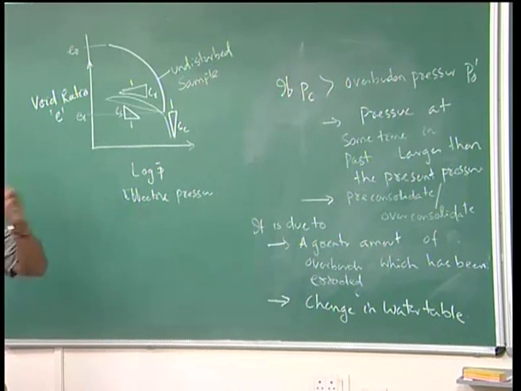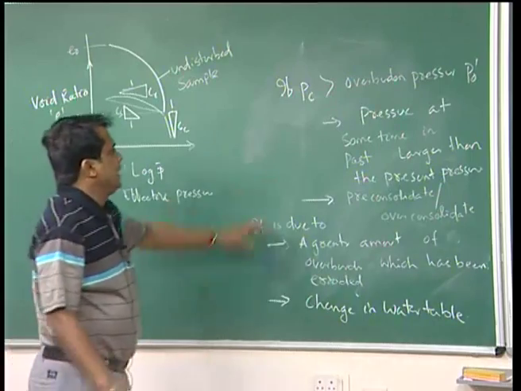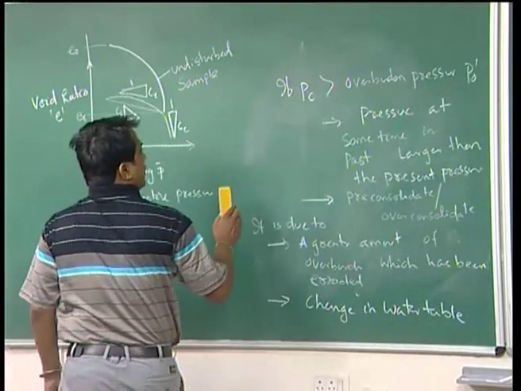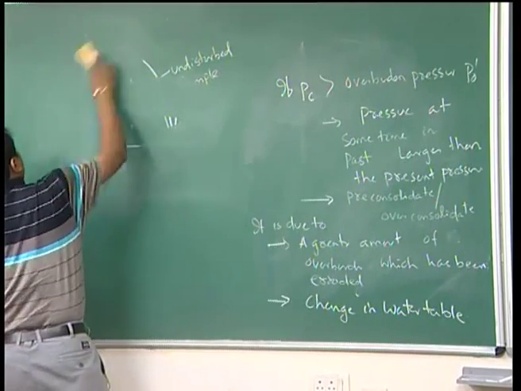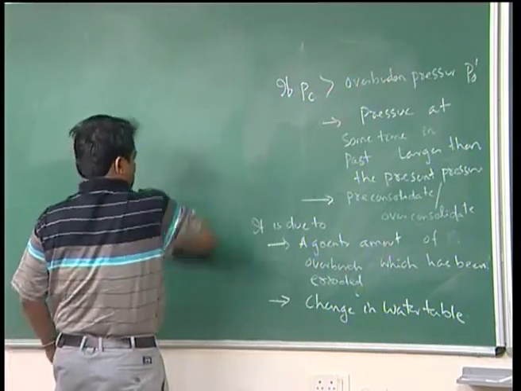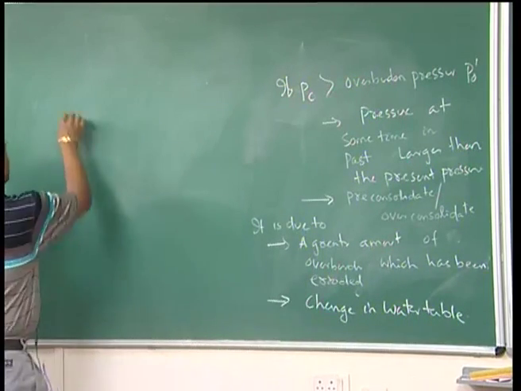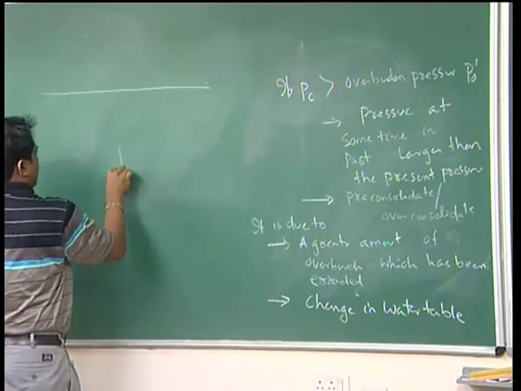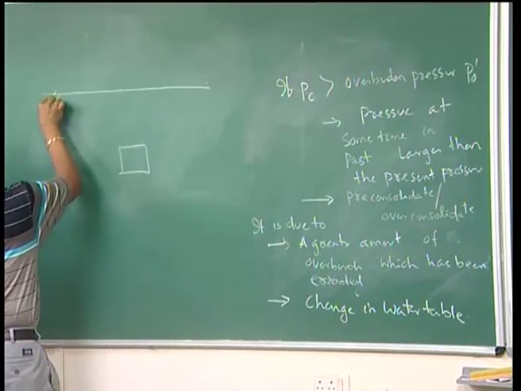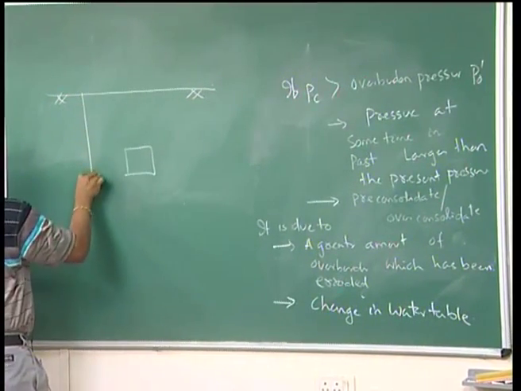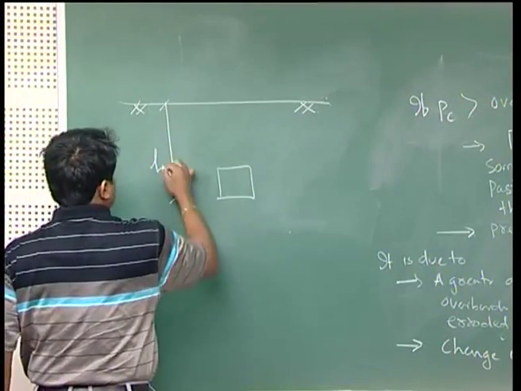Now, whatever we are getting here, Pc, pre-consolidation pressure, if pre-consolidation pressure is greater than your overburden pressure. What is this overburden pressure? Suppose we collect a soil sample below the ground surface at a depth say h.